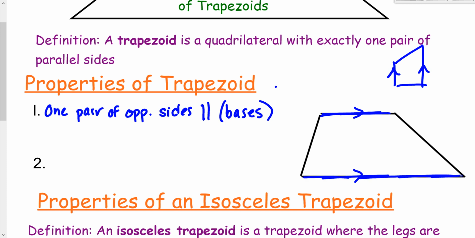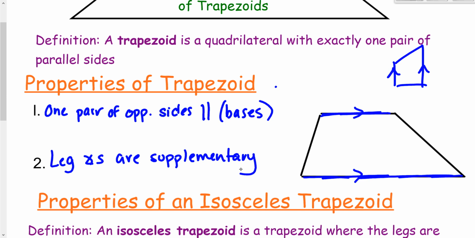Okay. The second one is that the leg angles are going to be supplementary. Now, I don't know if the leg angles are the actual term, and I will describe exactly what that means. The legs are going to be these sides right here. So we know that these are the bases and the other parts are the legs.